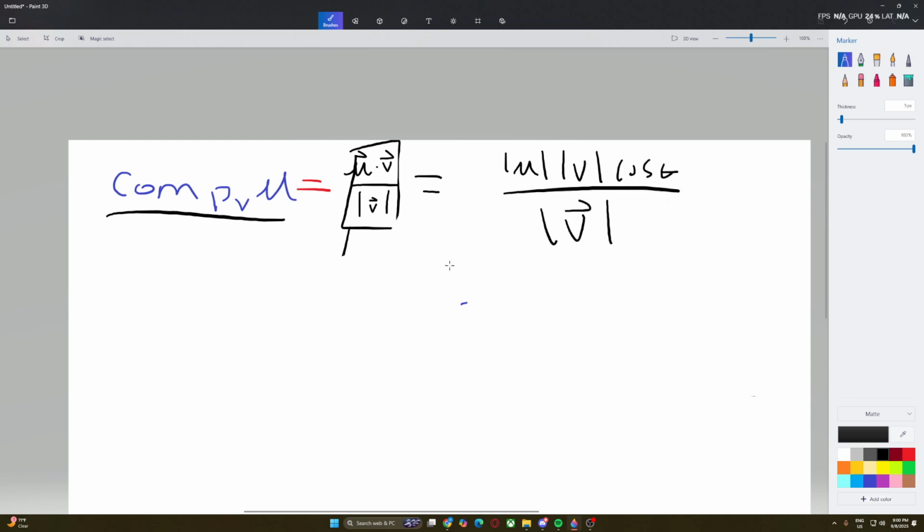Well, that's just u cos theta. So it's almost like it's just getting the cosine part, which is the angle part, like I showed here, the angle right here. The cosine would closely align.